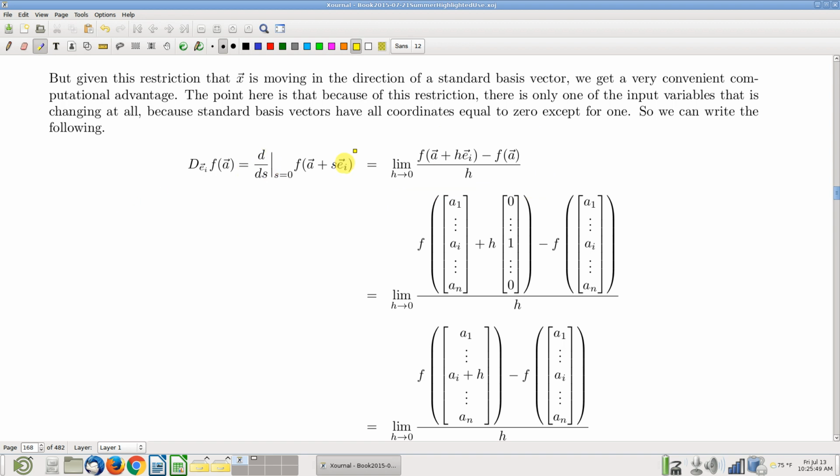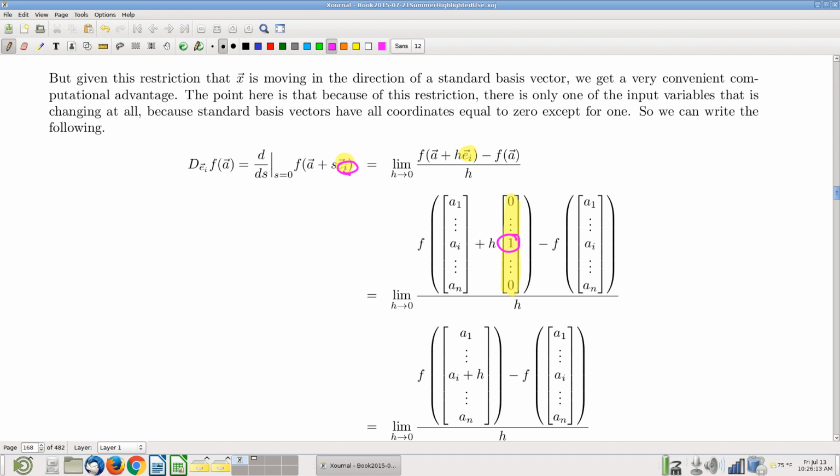Notice that this being a standard basis vector means that there's going to be a lot of zeros in this calculation. Lots of zeros. This being the e_i standard basis vector means there's a 1 in the ith position, and other than that, all zeros.